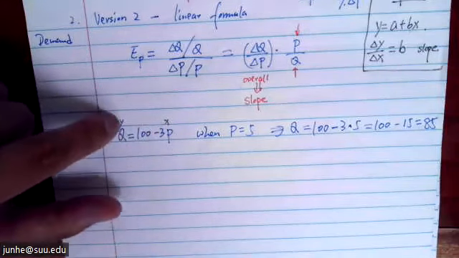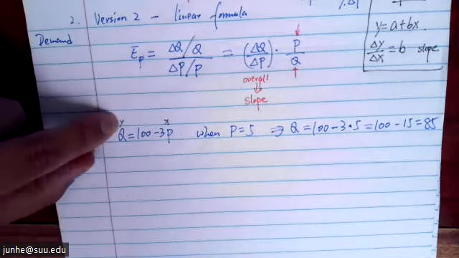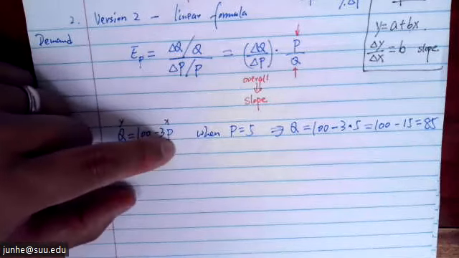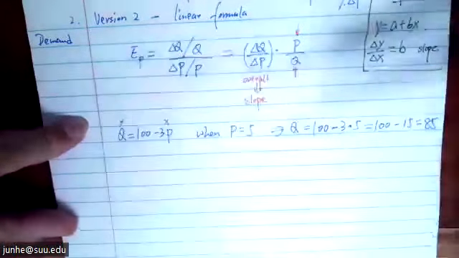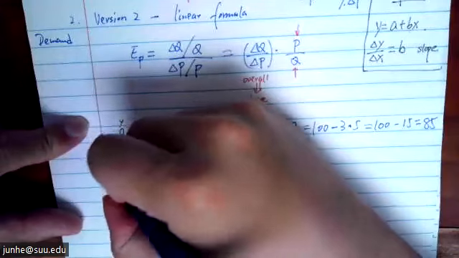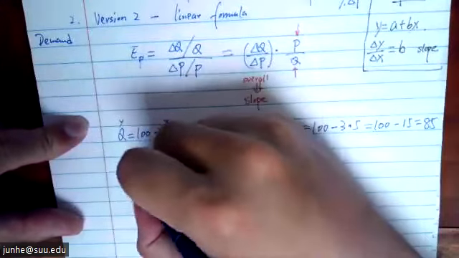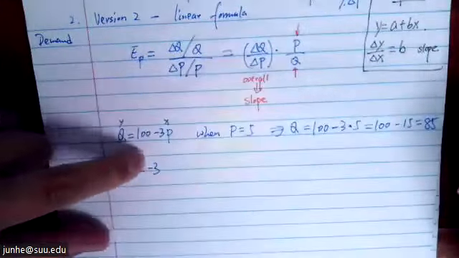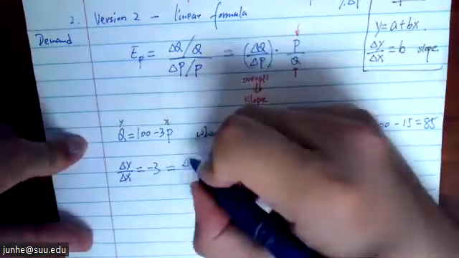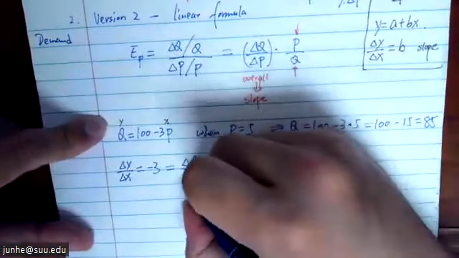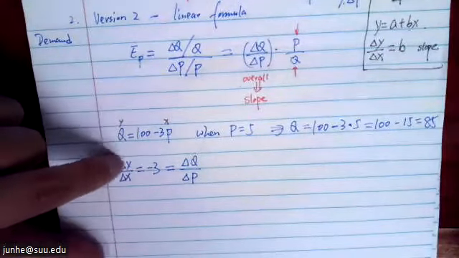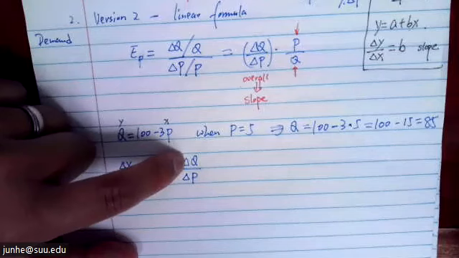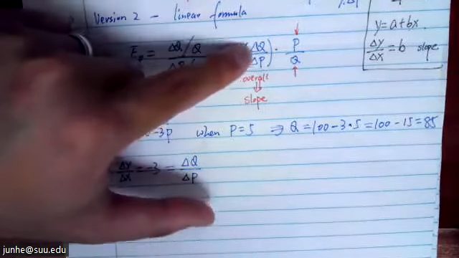Your Q is the dependent variable, in the position of y, and P is the independent variable, in the position of x. So delta y over delta x, which is the slope, is supposed to be minus 3, and in this case your y is Q, your x is P. We just need to replace the letter after the delta sign. So here, delta Q over delta P is minus 3.